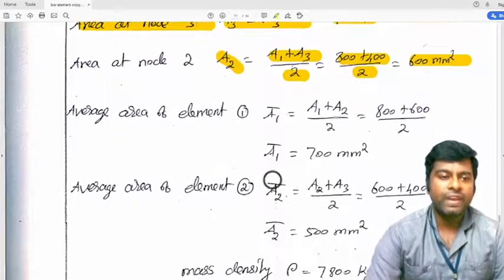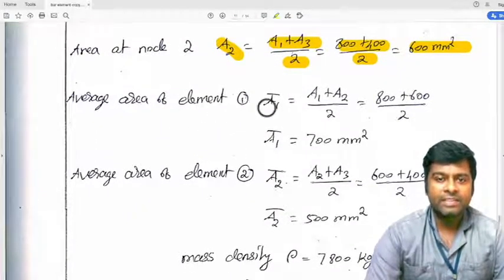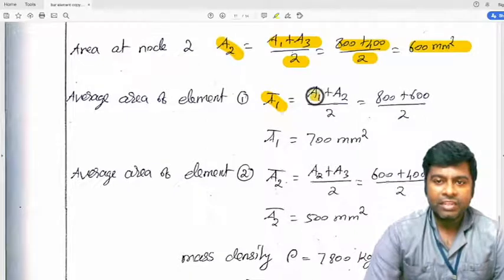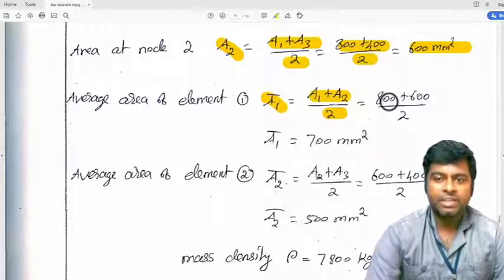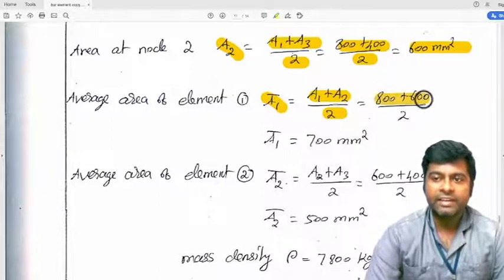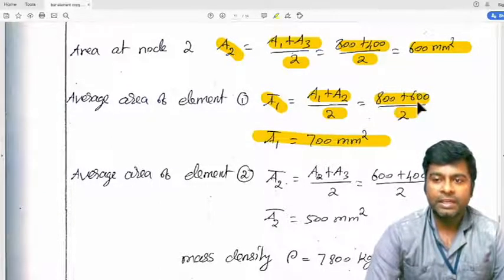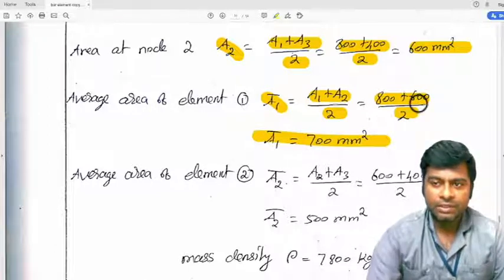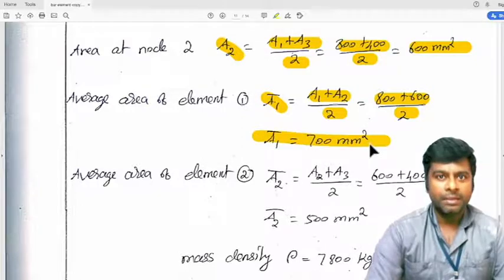Next we find the average area of each element, denoted as A bar. Average area of element 1, A1 bar equal to A1 plus A2 divided by 2, equal to 800 plus 600 divided by 2, that is 1400 divided by 2, equal to 700 mm square.